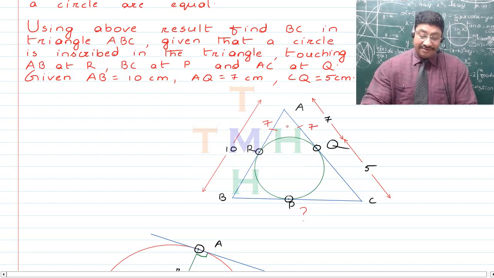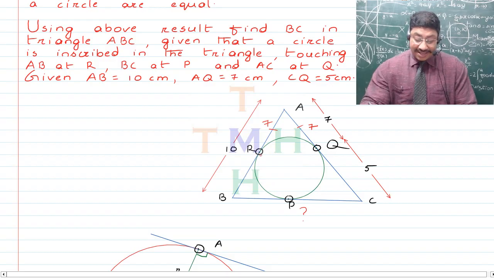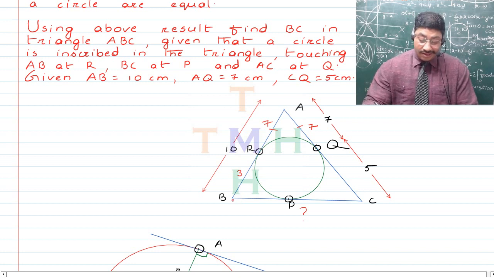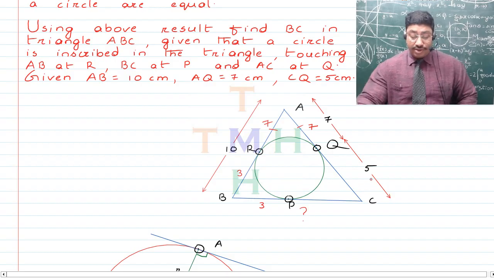Now next, if AR is 7, obviously the rest, that is RB, is going to be 3. Because the lengths of tangents from an external point, that is B, to a circle, up to R and up to P, are going to be equal, this length also is going to be equal to 3. And next, we are left with the last one.